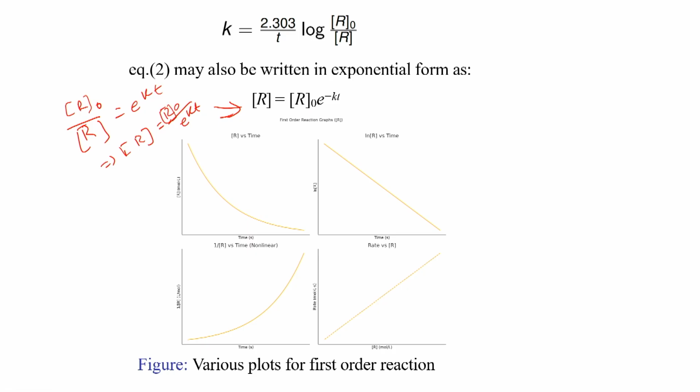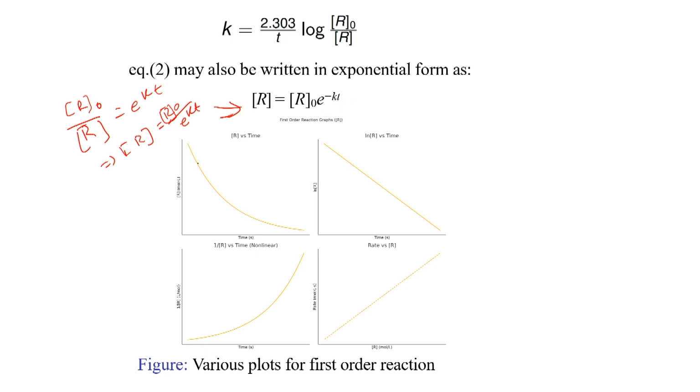Now, if we plot concentration of R as a function of time, what do we get? It is e to the minus kt, where k is the rate constant. If we plot concentration of R versus t, the concentration of R will decay as time progresses, and it will decay exponentially.